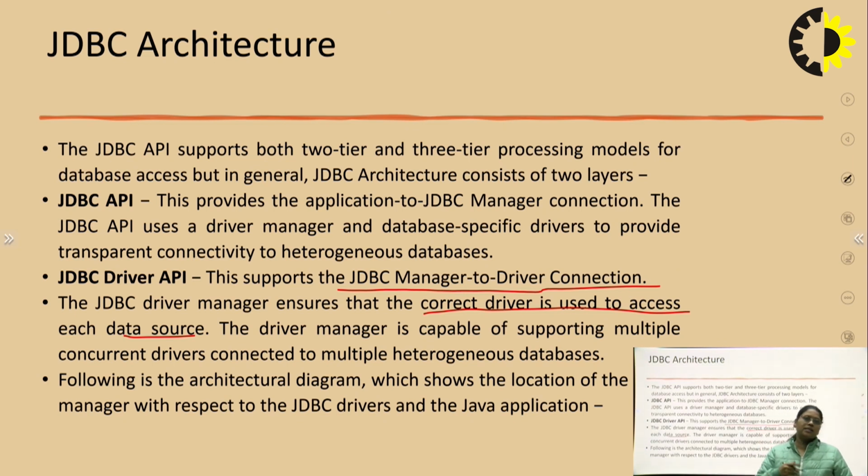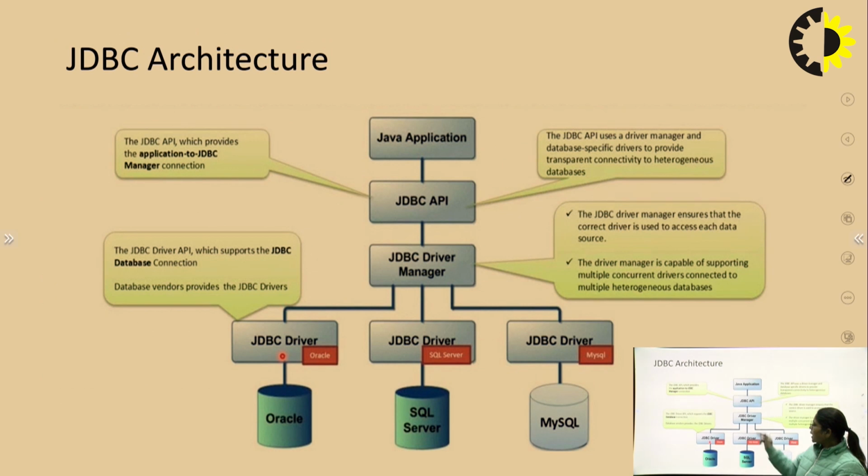If I want to run a query on the SQL database, first of all we need to install that SQL driver. The driver manager is capable of supporting multiple concurrent operations for heterogeneous databases. So there is an architecture for how we can connect with the database, and this is our JDBC architecture.